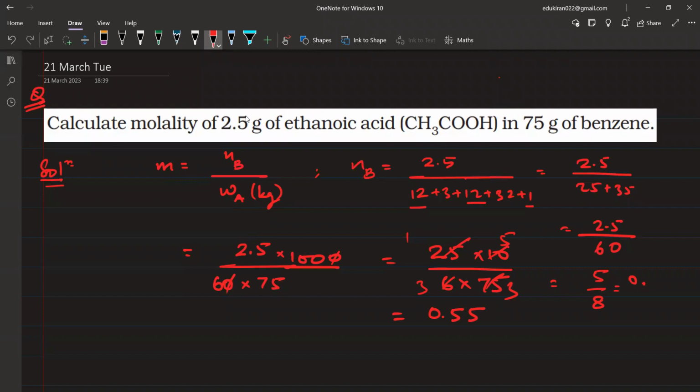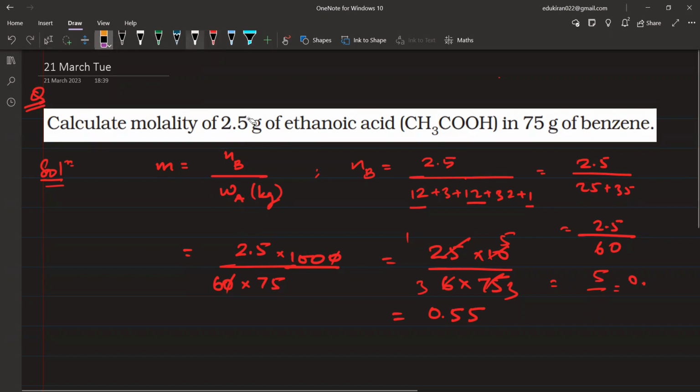Sir, 8 5 shouldn't be 5 by 9? Because in 25 into 10 divided by 6 into 75, it is 3 3s are 9, right? Oh yeah, sorry.